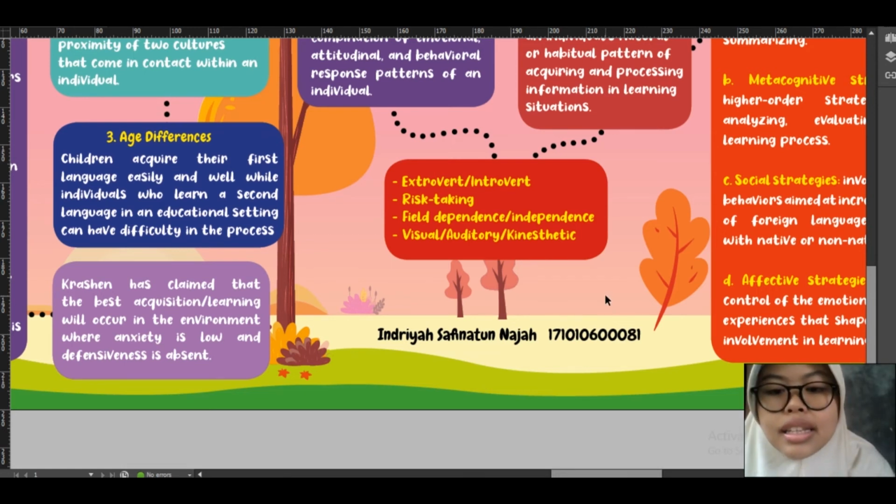And then kinesthetic is a type of learner who learns best when they move their body, such as when they learn in a laboratory and do many more tests.